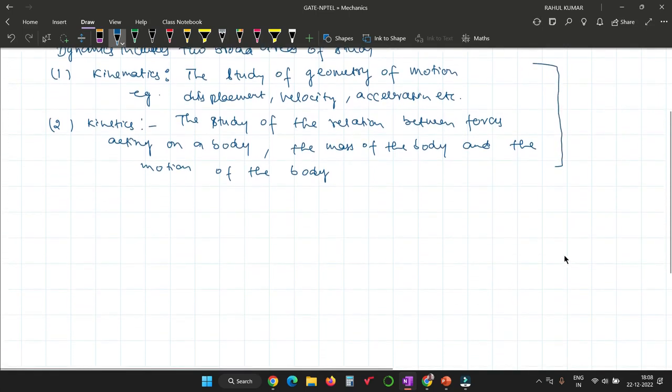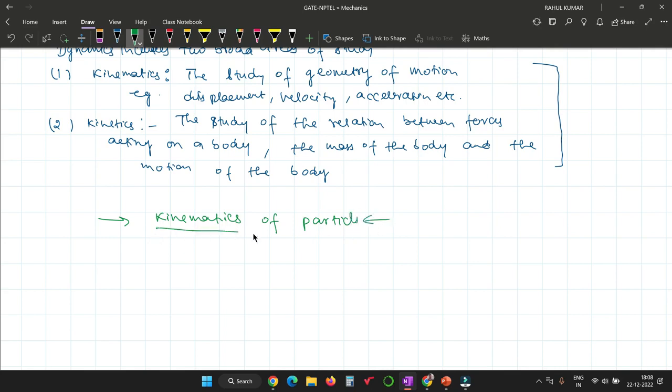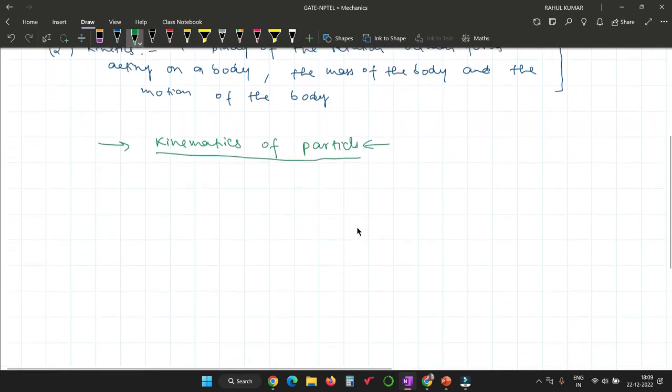Okay, so first I will discuss kinematics of particles. Okay, so our first topic is kinematics of particles, and I have already talked about this. What are particles?